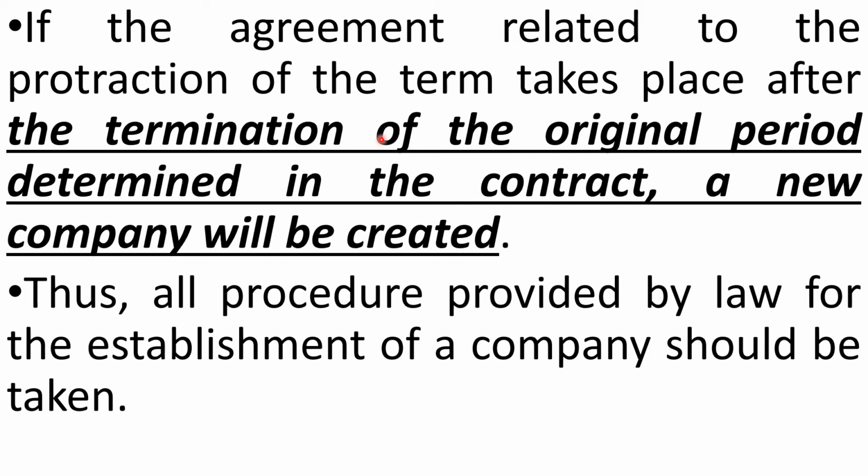When the company contract terminates at the end of its time and the partners or members want to renew this formation contract, they should create a new company, a new contract.